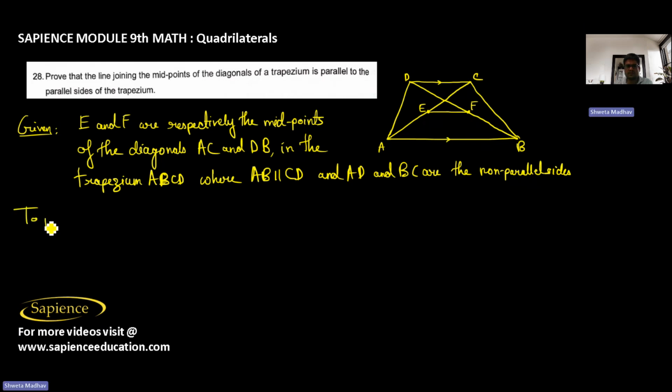So we have to prove that the line segment EF is parallel to AB, which is also parallel to DC. This is what to prove.